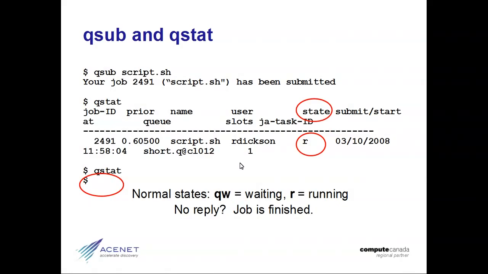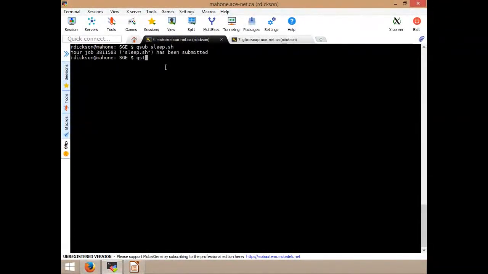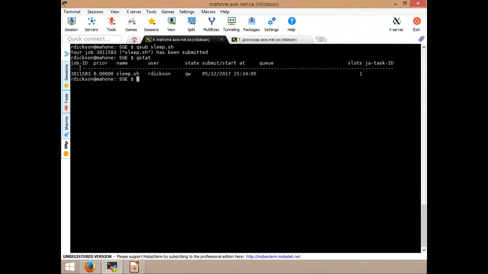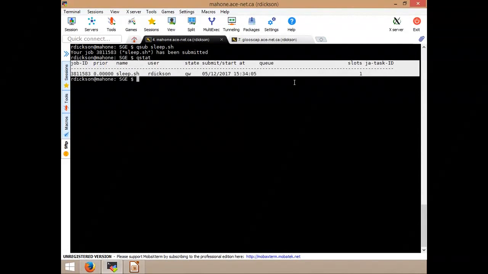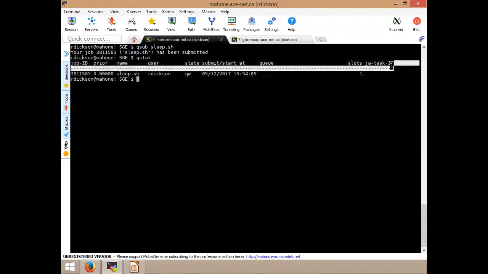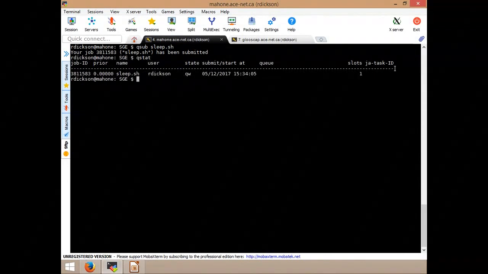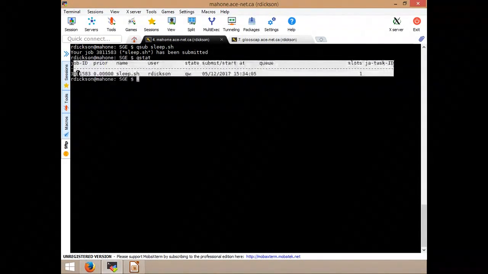In real life, if I submit a job like this and type qstat, it should look something like this on your screen. But you'll notice that I've got the resolution on the screen turned down really low, and that's really wide. That's something like 116 columns of width there. And so if you have a narrow screen, they may get jumbled up. Nonetheless, you'll be able to figure it out.